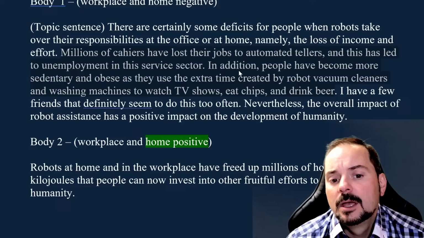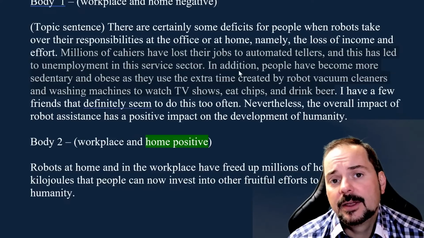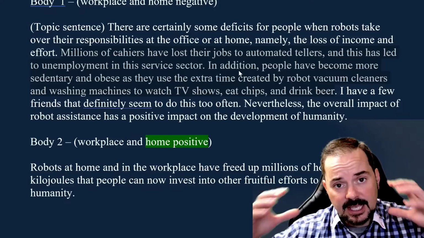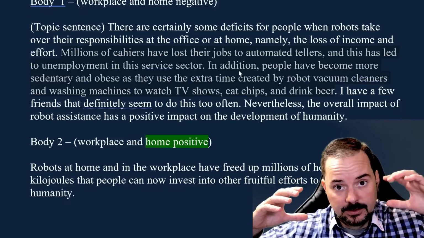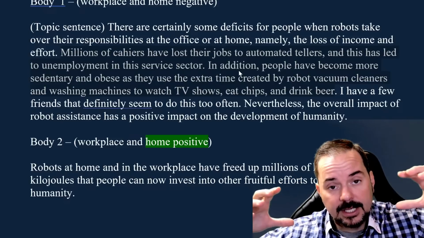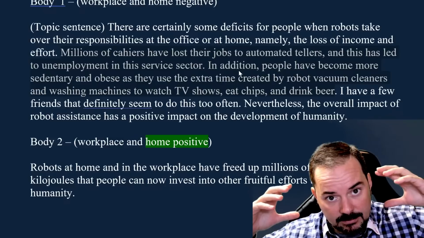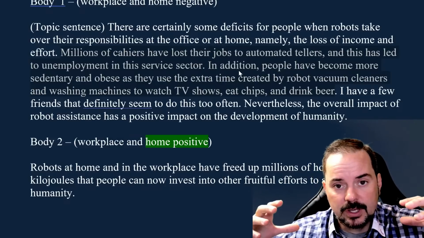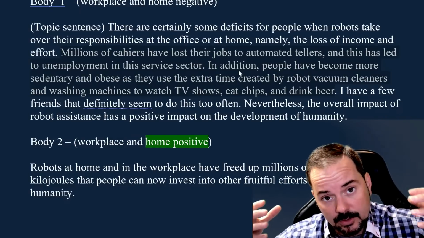Okay, so I've already created this image, this vision, in the mind of the reader, in the mind of the examiner. The examiner is picturing this.